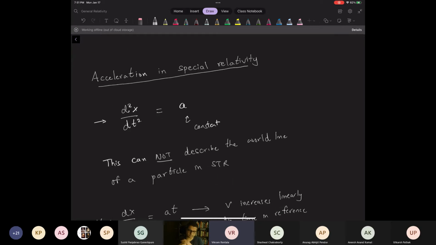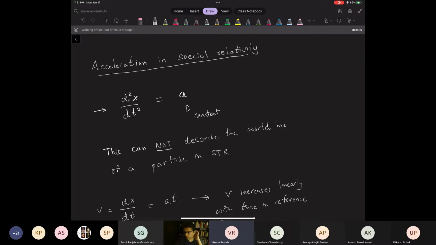Let's come to the first thing in special relativity. We'll assume now that special relativity is the right framework for the laws of nature. Let's suppose that in some reference frame S, you try to give a particle an acceleration a. What does that mean?